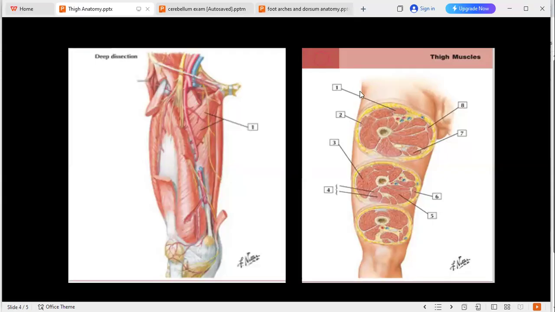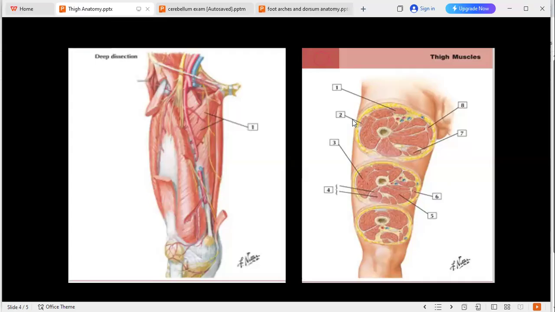This is the sartorius crossing here. You identified it correctly in the previous image, and you can identify it here as well. They are parallel to each other, so you'll be able to identify it. This is the sartorius. Which muscle could that be? And remember, this is the lateral side of the thigh. It does not have to be a muscle, but it's a structure. So this is a hint.